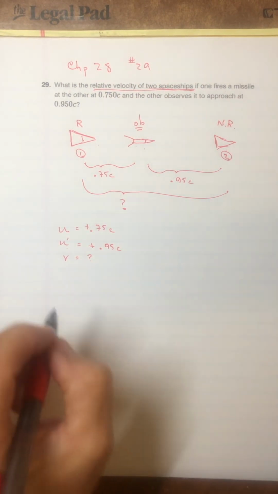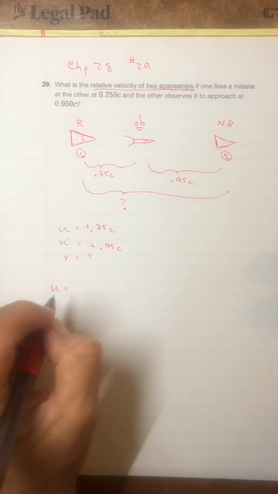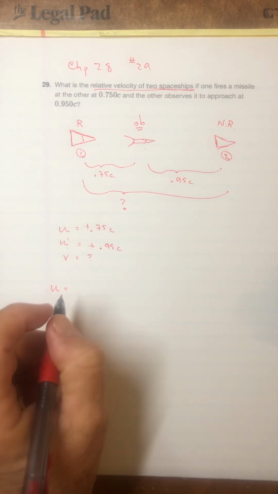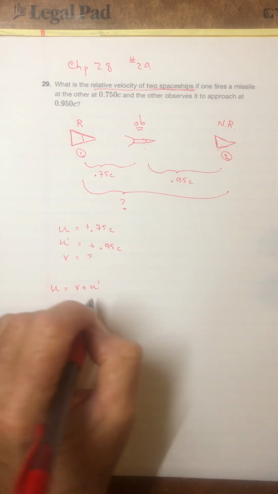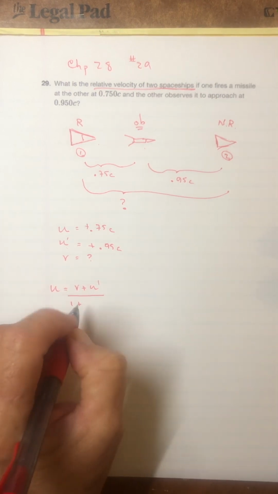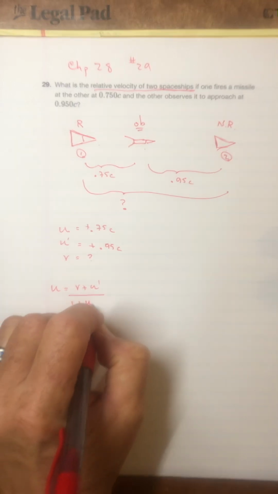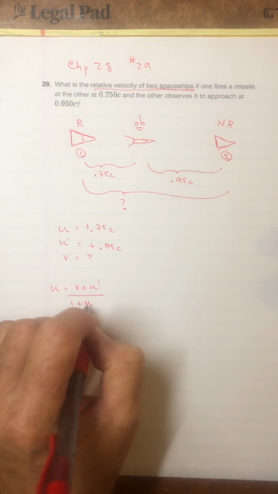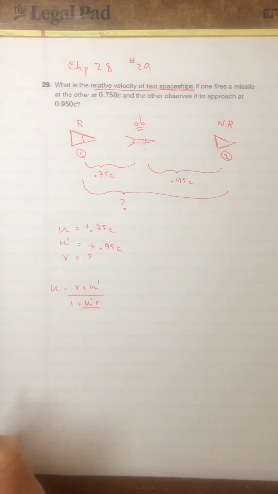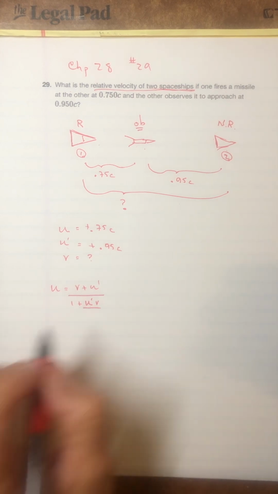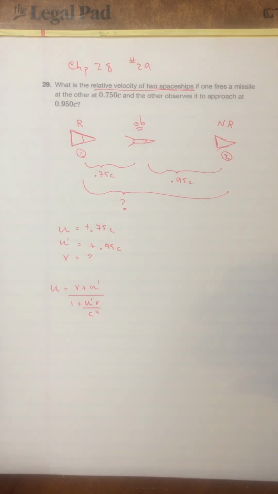So when you write down this equation, u equals v plus u prime over 1 plus, or actually your book writes v first, but since I already wrote it, it doesn't matter what order, I'll flip the order. Okay, so u prime times v over c squared.